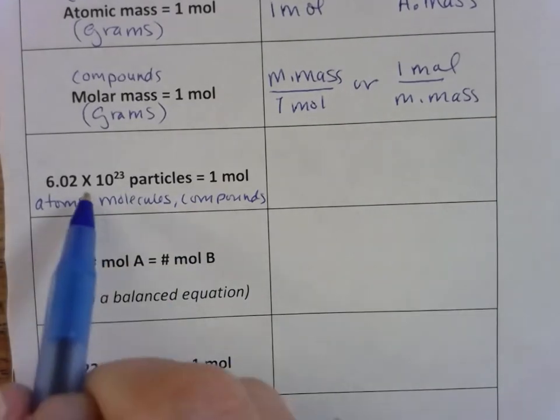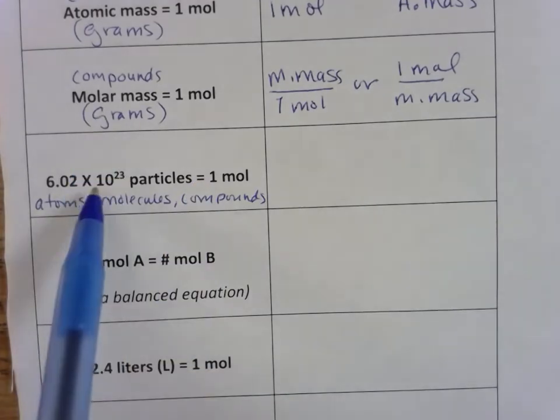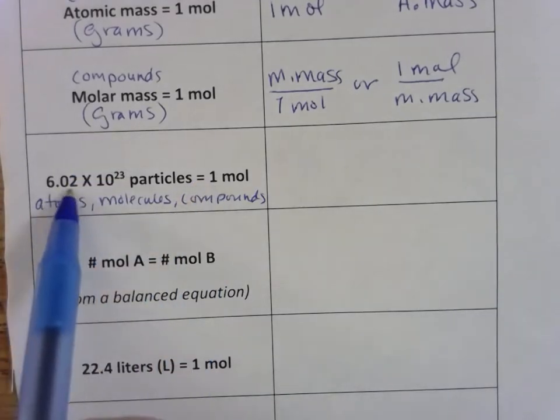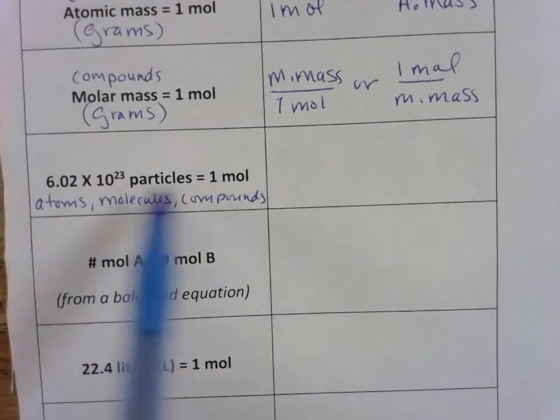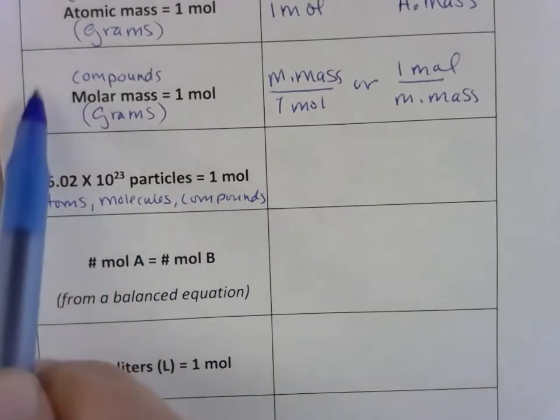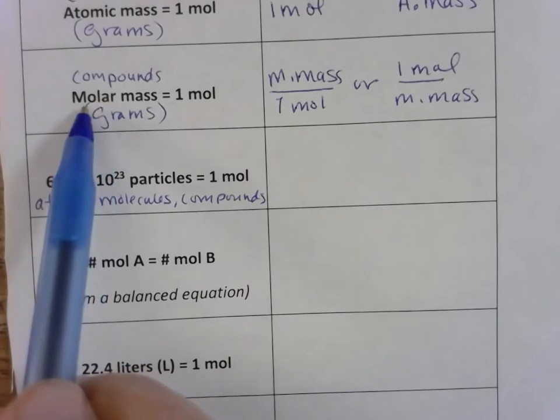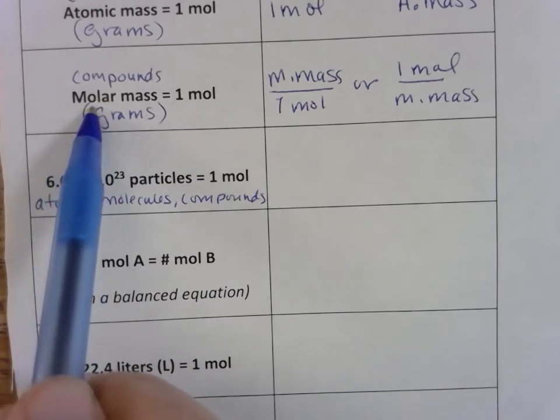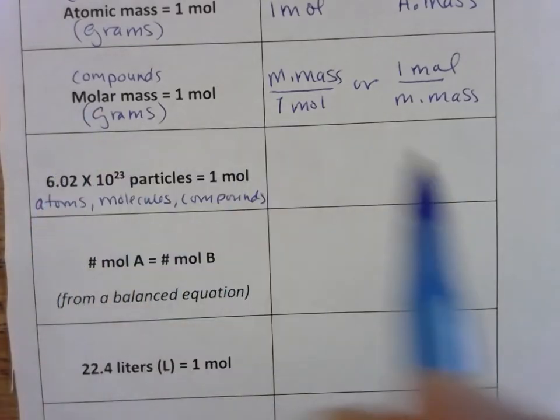As you notice, this one has numbers for both. We have a 6.02 times 10 to the 23rd. That's a number, and this is also a number. This one is different than the above two, because we would have to go to the periodic table or calculate these masses, so we don't have any number that we can put in for that.